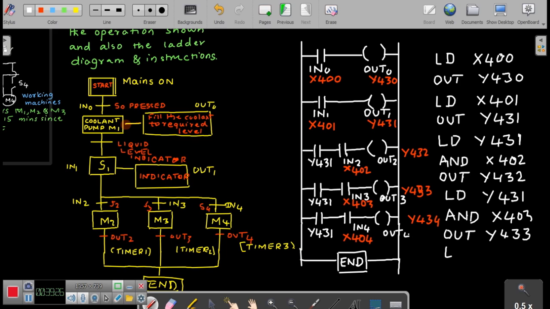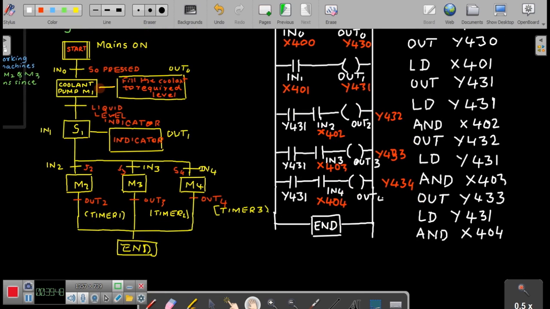Then again LD Y431 and X404 would take us to out Y434.